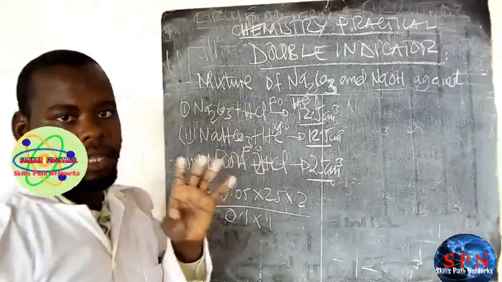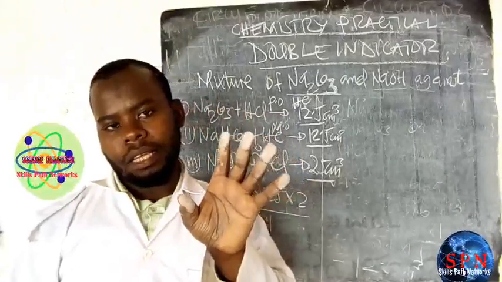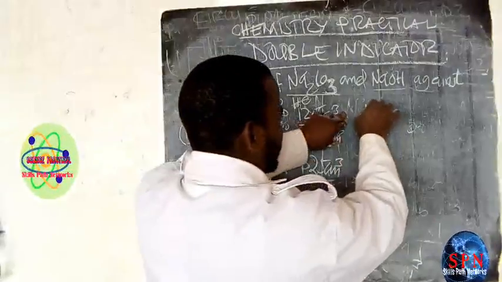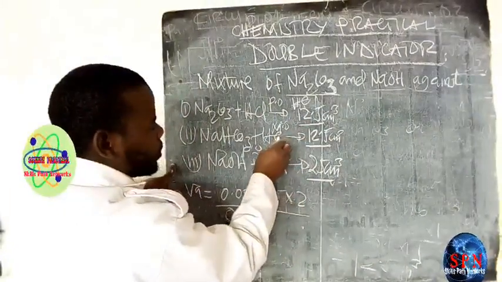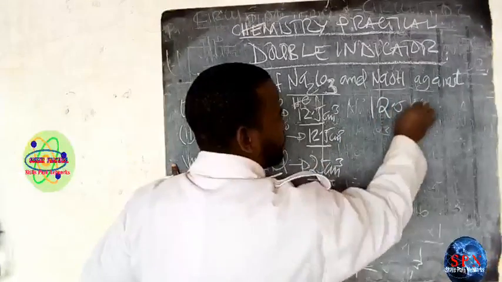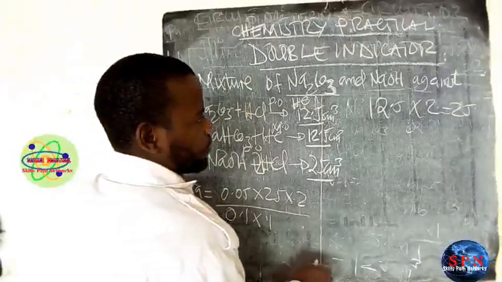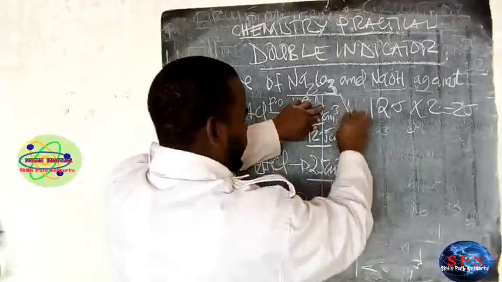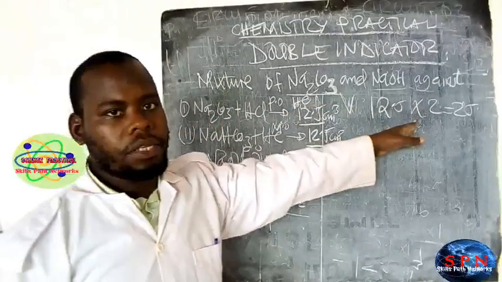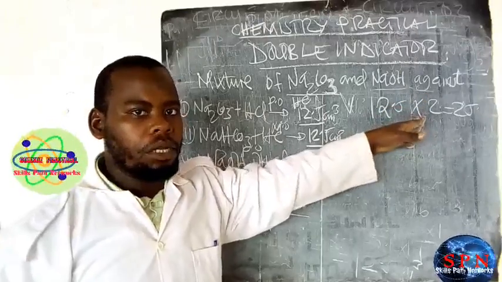To get the volume of hydrochloric acid used to neutralize sodium carbonate, for methyl orange we got 12.5 times 2, which is equal to 25. That is the volume of hydrochloric acid used to neutralize sodium carbonate.